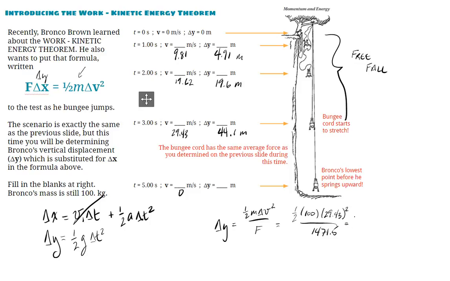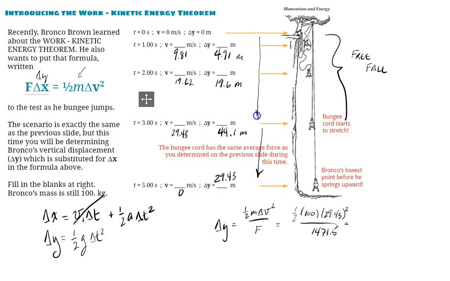So I'm going to go ahead and do that here: 1/2 times 100 times 29.43 squared divided by 1471.5 gives me 29.43. It just so happens that it's the same as this number, just a random occurrence there. So from here to there is 29.43.